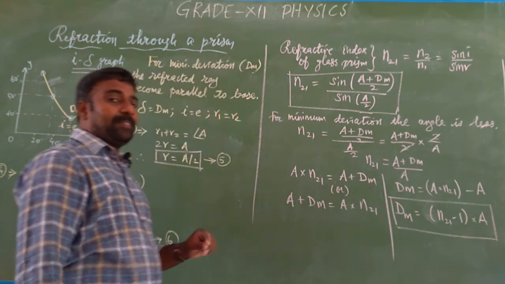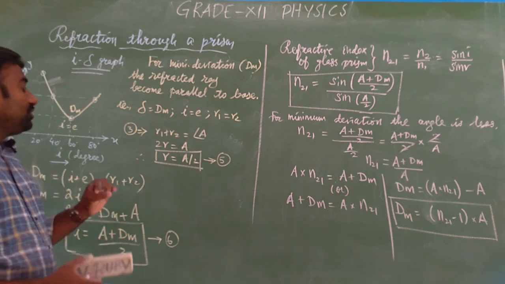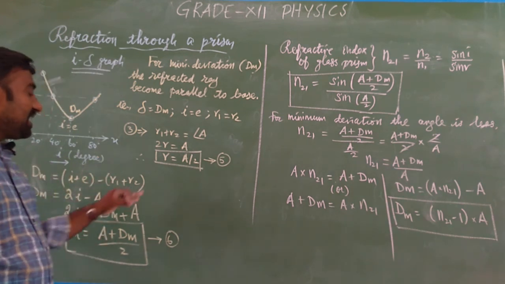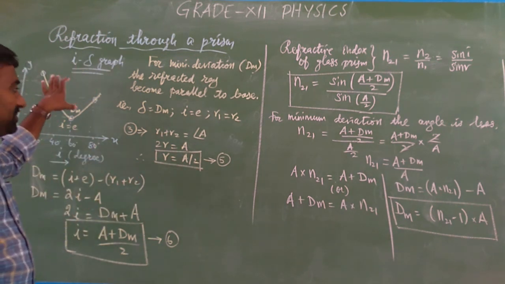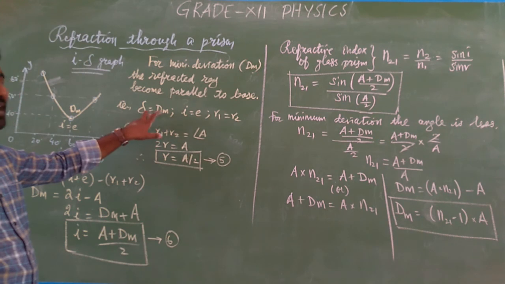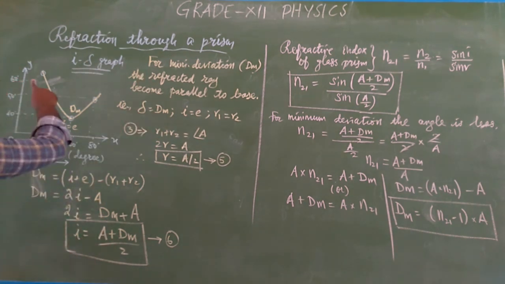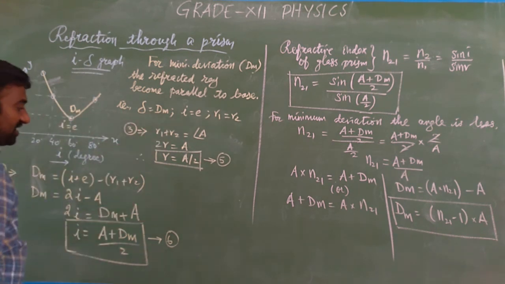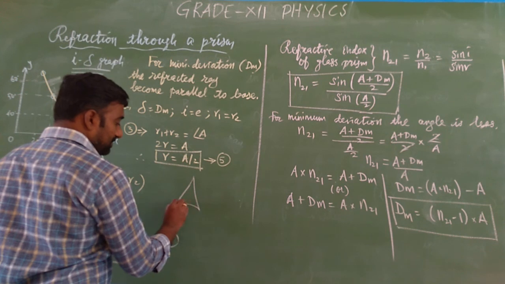So from the prism, we have seen how refraction occurs, and how to find the angle of incidence and angle of refraction. From the i-d curve also we can determine the angle of minimum deviation. So for the minimum deviation case, the refracted ray becomes parallel to the base. The refracted ray in the prism at minimum deviation is parallel to the base.